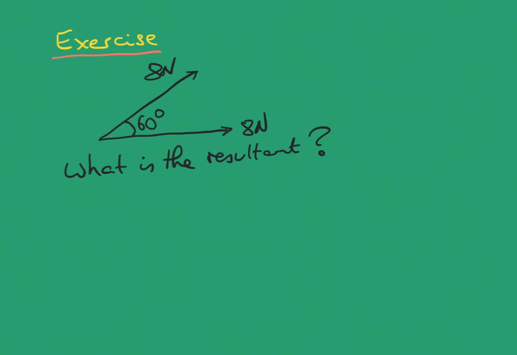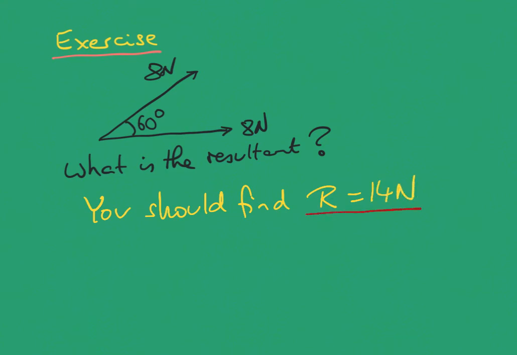Okay, welcome back. So what you do is you use the methods of the previous slide, and you should find that the magnitude of the resultant force is to the nearest newton equal to 14 newtons, and the angle, well, you actually almost don't need to work the angle out really if you think about it.